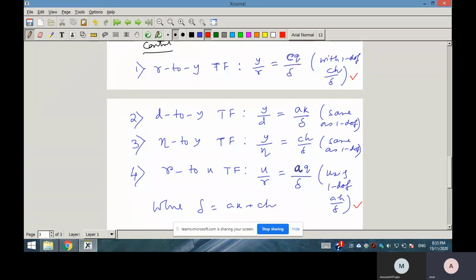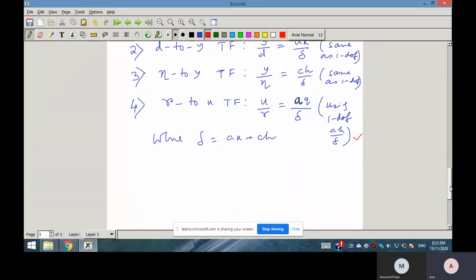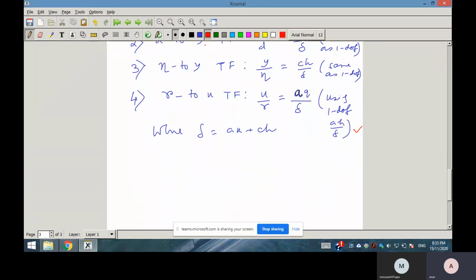Okay. Now how to appropriately choose Q, that will come. So the advantage of 2DF configuration. What is the advantage?